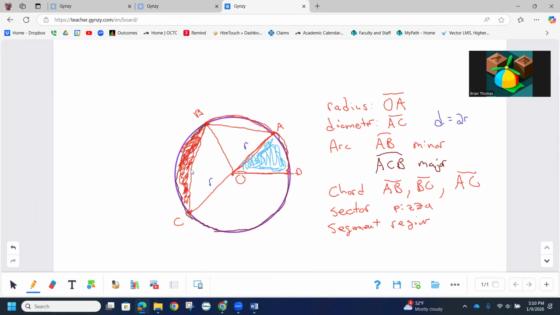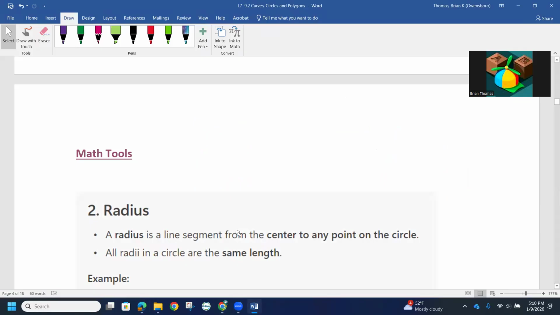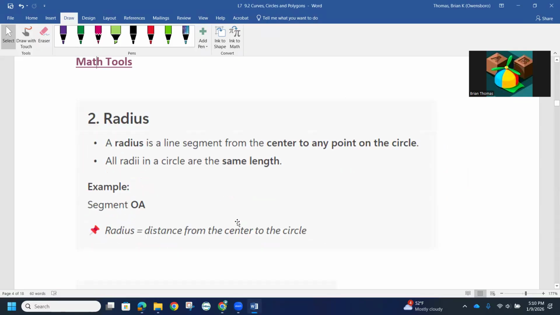It's a region. So let's go back to my document here. We talked about a radius. It's a line segment going from the center to any point on the circle. Feel free to draw yourself a circle with the radius. Segment OA, a lot of times we'll label with a little line on top of it.